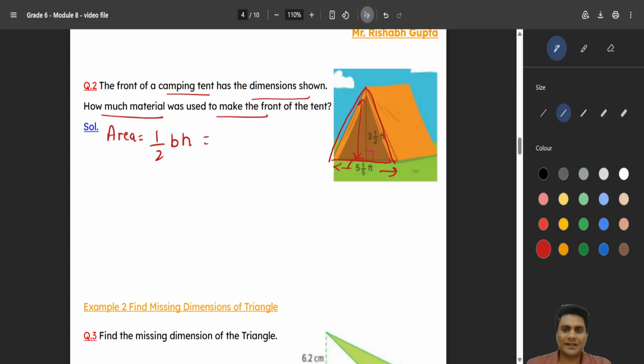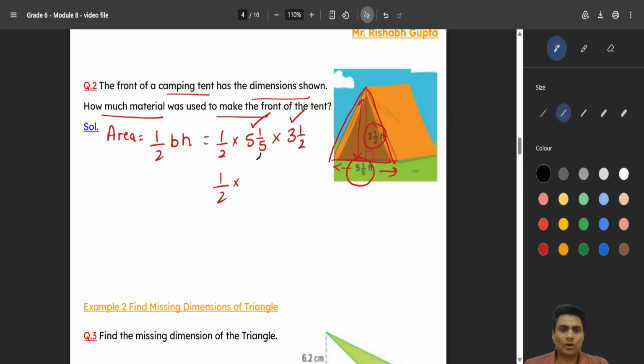Here the base is 5 and 1 over 5. So half of 5 and 1 over 5 times the height, which is 3 and 1 over 2. Now we can change these mixed numbers into fractions. These are mixed numbers, 5 and 1 over 5 and 3 and 1 over 2. We will change them into fractions now. How?